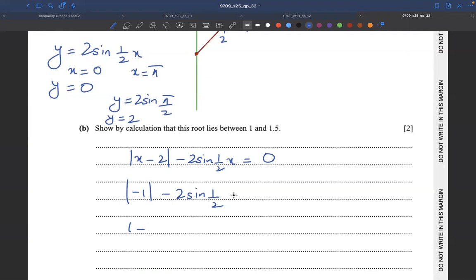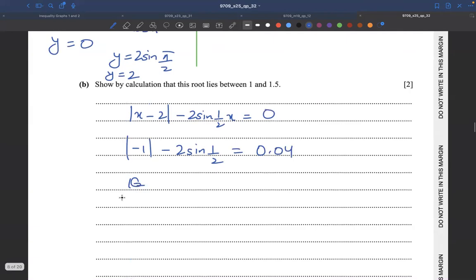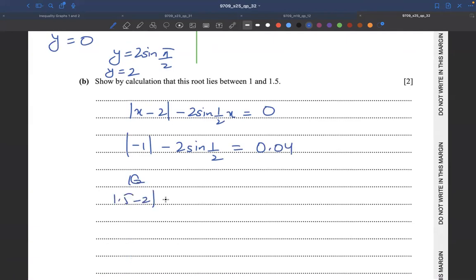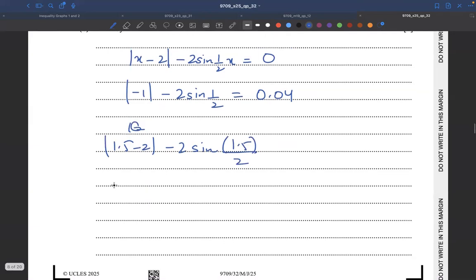And this will be 0.04. So this answer is coming out as 0.04. Now substituting 1.5 over here, we'll get 1.5 minus 2 sine of, the x value is 1.5, so that will be 1.5 upon 2. So this will become minus 0.5, but with the modulus sign that will be a plus 0.5.